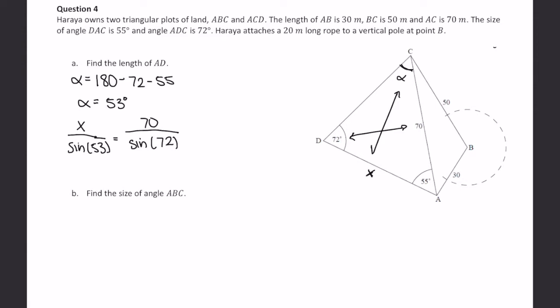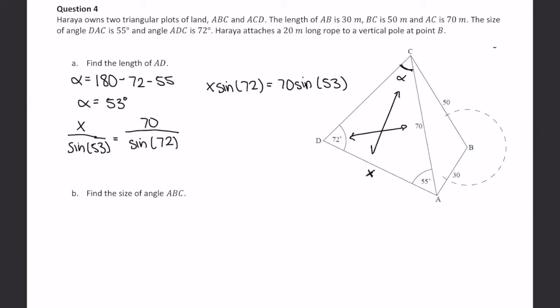We cross multiply to get x sine of 72 is equal to 70 sine of 53.